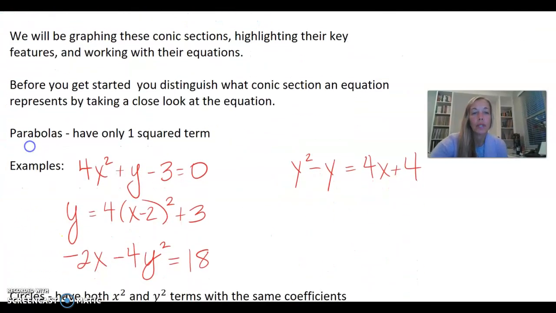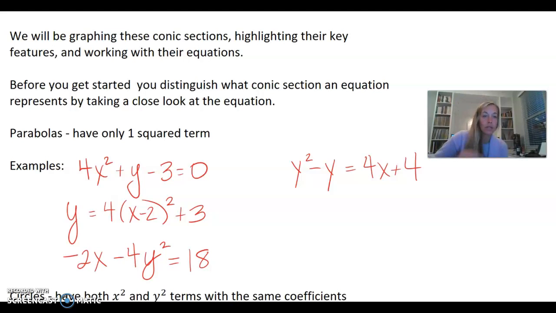What's really important in this chapter is, before you start a problem, to understand what conic section you're even going to be graphing or talking about or answering a question about. It's really easy to decide which conic section each equation is by a few simple rules. So the first one says that parabolas have only one squared term.